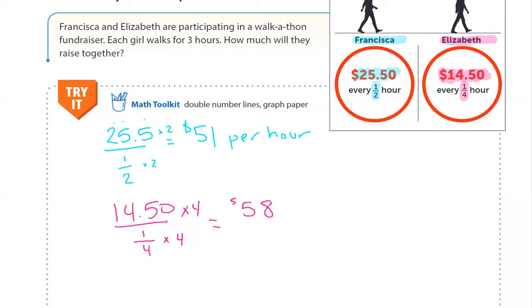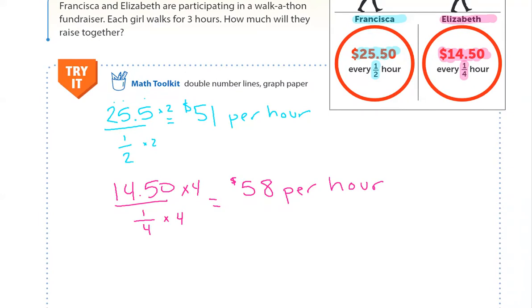That's $58 per hour. Okay, fine, I didn't do it in my head. I looked at the teacher's guide. Whatever. Okay, so Elizabeth's constant of proportionality is 58. Her unit rate is $58 per hour.